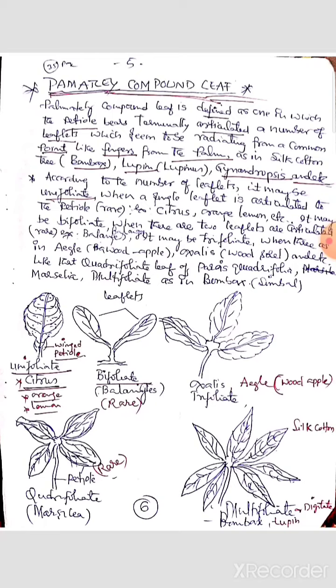Next point is the palmately compound leaves. We have studied the different kinds of pinnately compound leaves. Now we study the palmately compound leaves. A palmately compound leaf is defined as one in which the petiole bears terminally articulated a number of leaflets which seem to be radiating from a common point, like fingers from the palm.